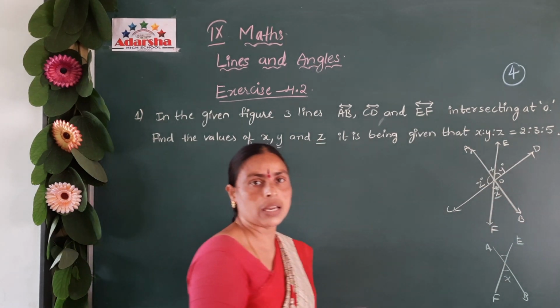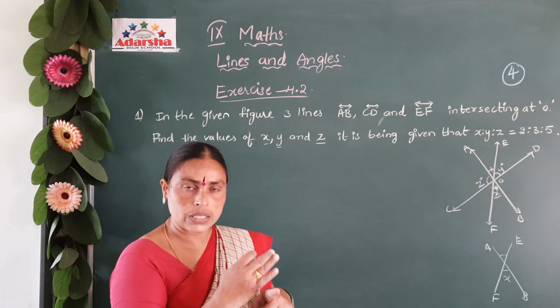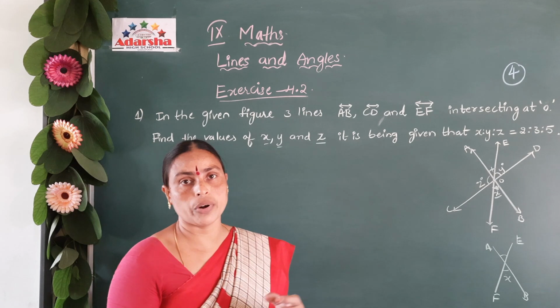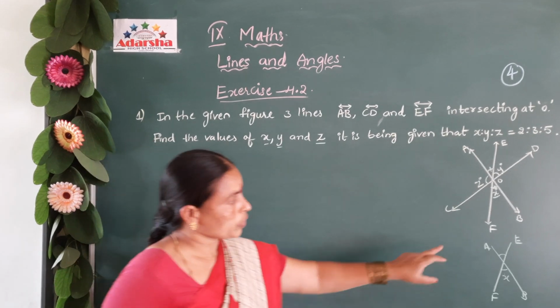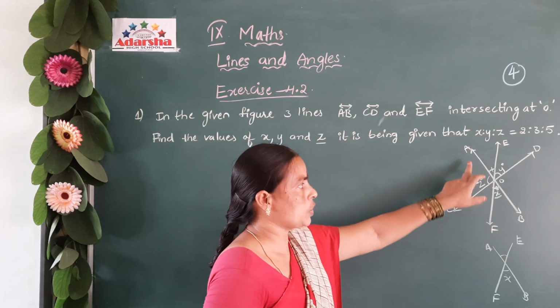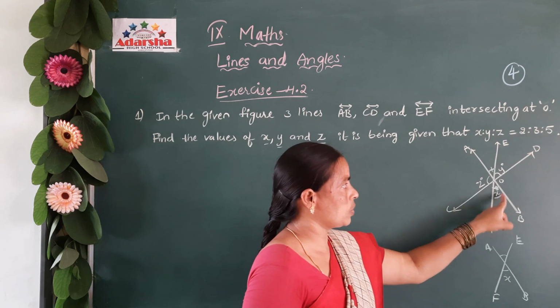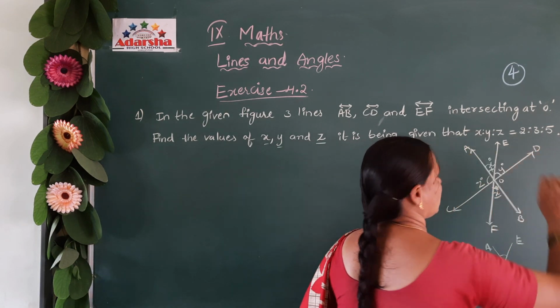Vertically opposite angles are equal according to our theorem. So, by that theorem, angle BOF is equal to angle AOE. BOF is given as x degrees, so angle AOE also becomes x degrees.